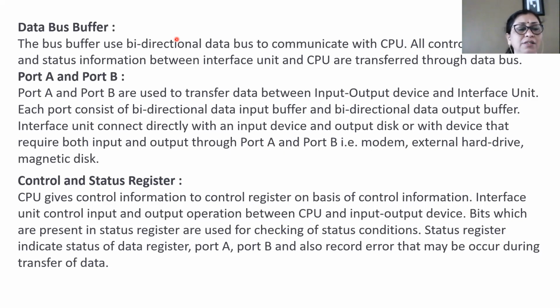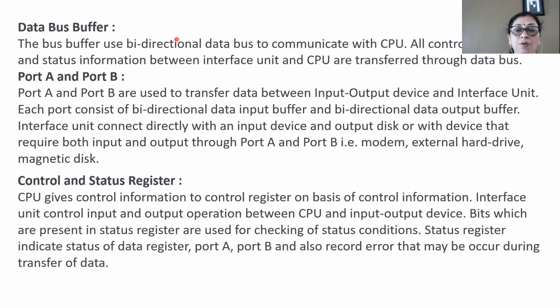Now let us discuss the control and status register. The CPU gives control information to the input output unit through the control register. Whatever command the CPU wants to give to the input output unit, it will write this command into the control register, and it is also called control information.